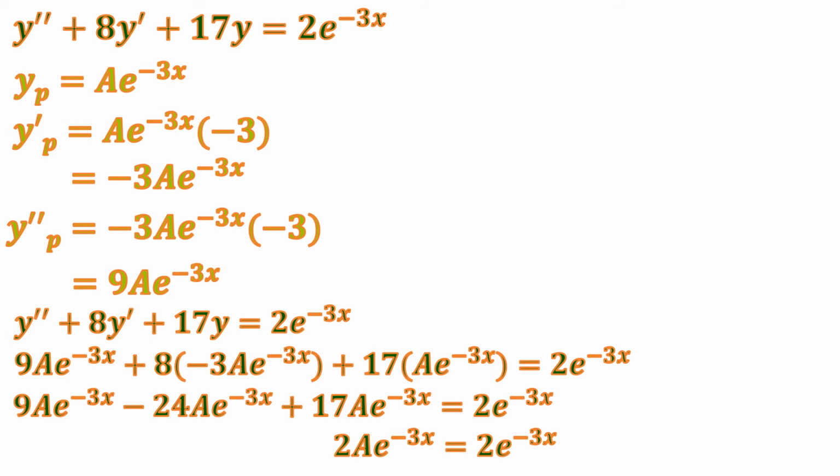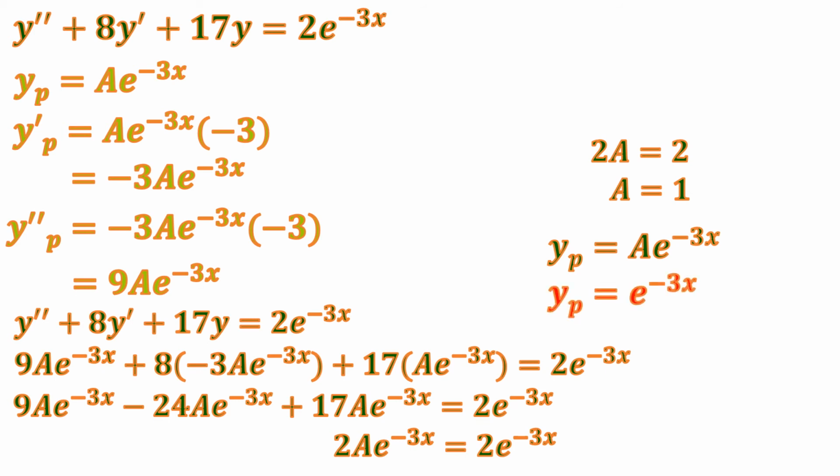And because of this, it means the 2a must be equal to 2, so that it will be a true statement or a true equation. So 2a is equal to 2. What is a? Divide both by 2. A is 1. So because a is 1, we can have our yp. So let's substitute a by 1. So yp is e to the negative 3x.